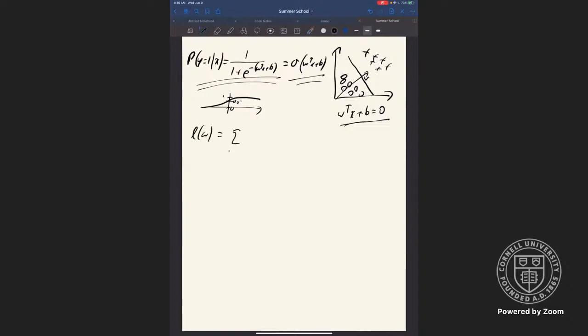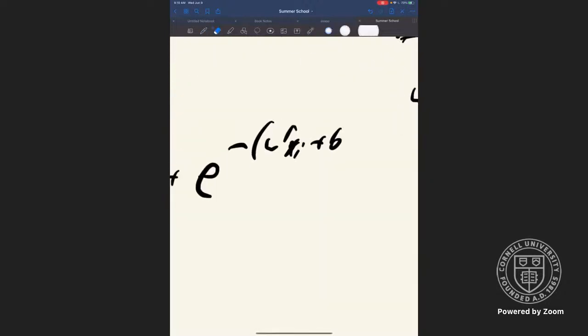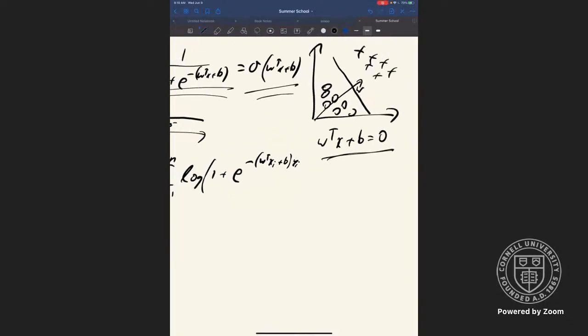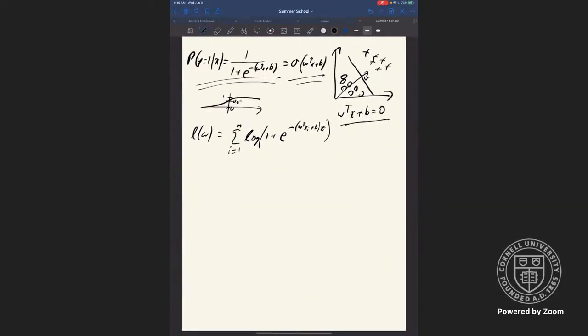We go over all our data points and get the following function: log of 1 plus e to the minus Yi times (W transpose Xi plus B). I'll make this prettier, no one can read it. And maybe I make this a capital L, the loss.